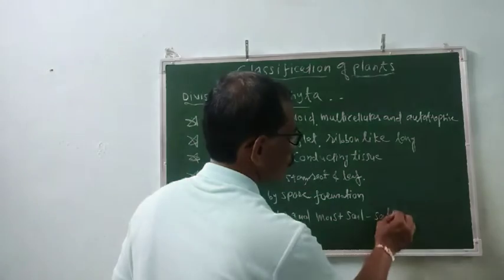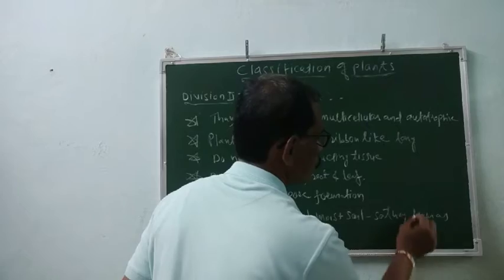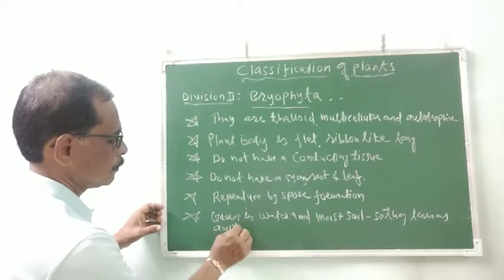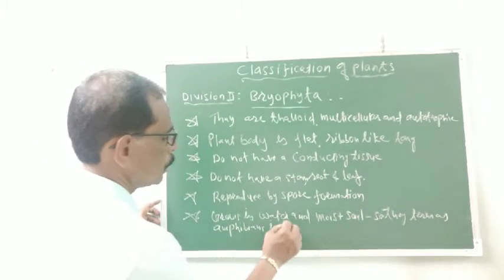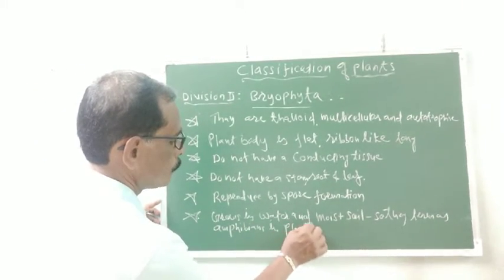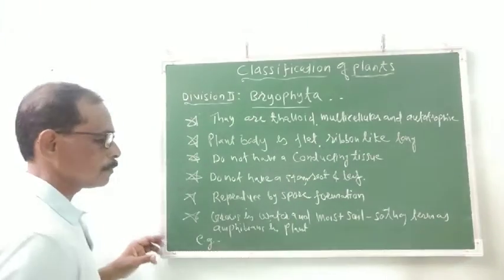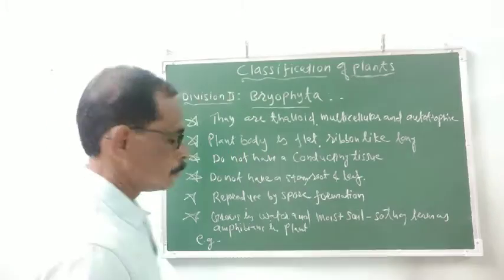So the term amphibians in plant. Which is the plant? Example: moss.